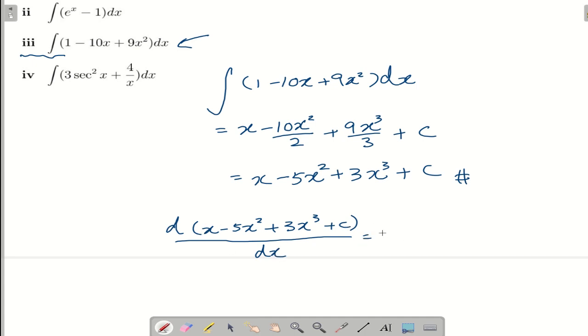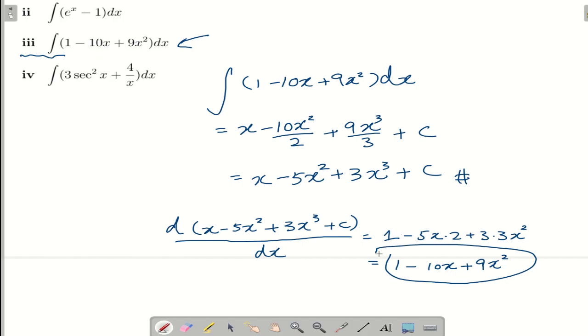You get 1 for x, and for minus 5x squared you get minus 5 times 2x, and plus 3 times 3x squared, and the constant c goes to 0. So you get 1 minus 10x plus 9x squared. And is this the original function? You just check back here.